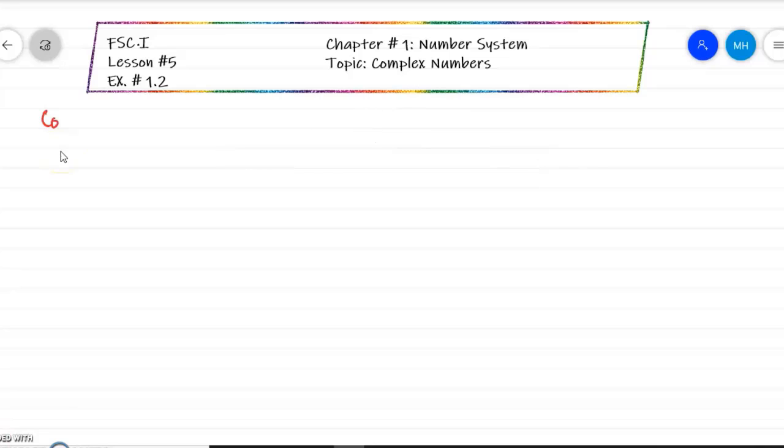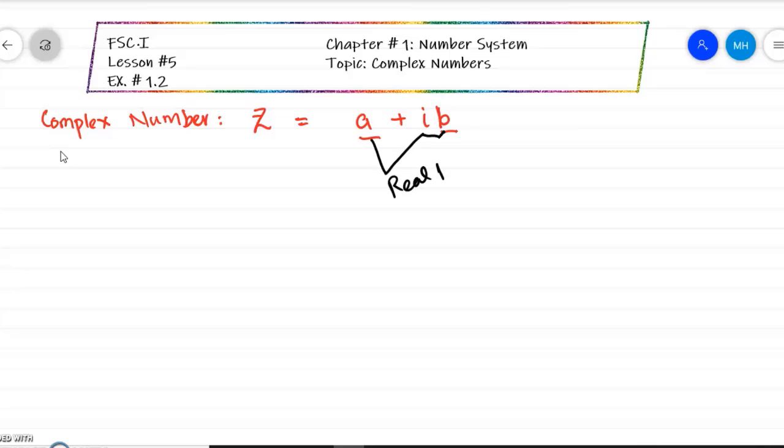Complex numbers are represented by the element z. The general expression for a complex number is a plus iota times b. Now what are a and b? As I have already told you, we have to know about the real numbers. So a and b are real numbers.